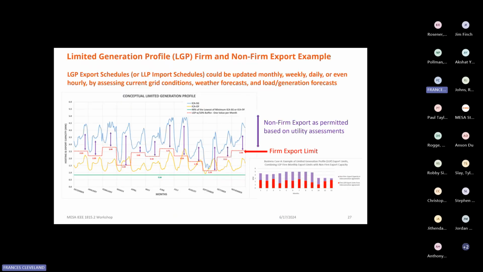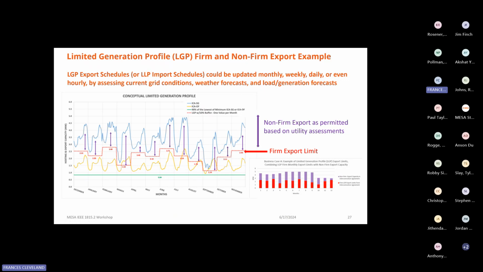Okay, so here's an example of firm and non-firm limits. The red here is what the utility has determined based on some of its own power flow information from historical records.